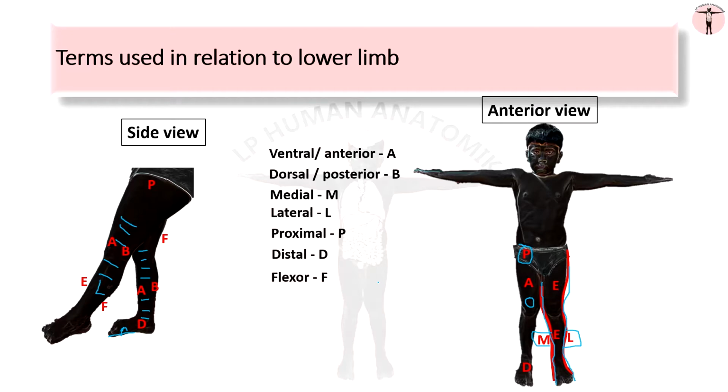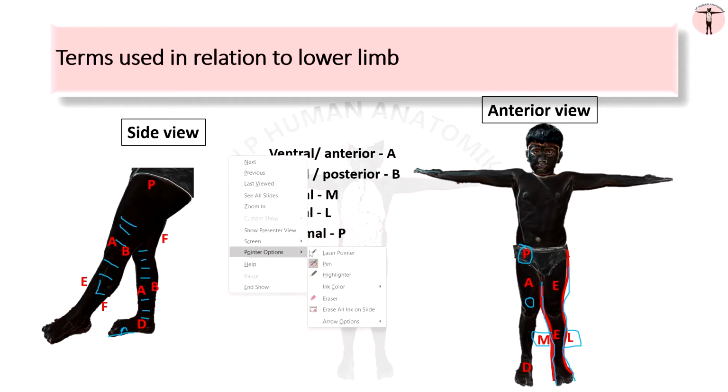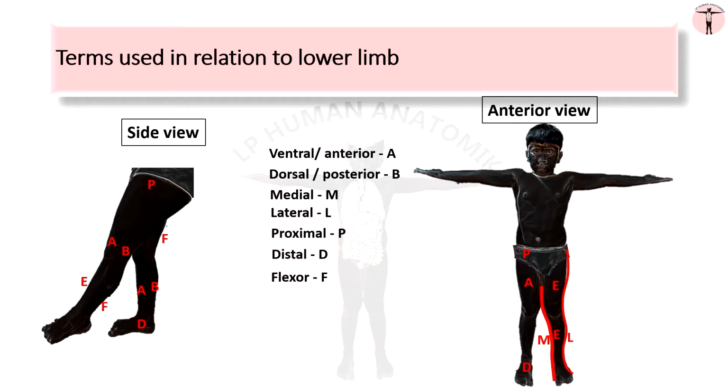Coming to the flexor and extensor parts of the lower limb, the flexor aspect is present on the posterior aspect of the lower limb, and the extensor part is directed anteriorly.